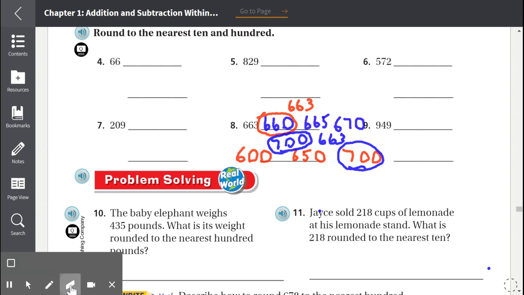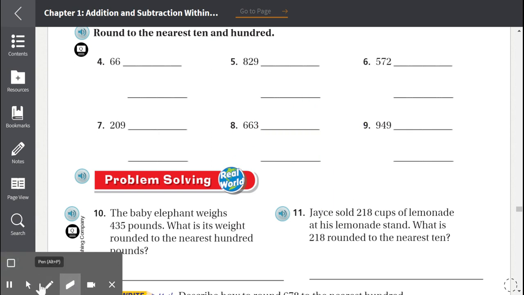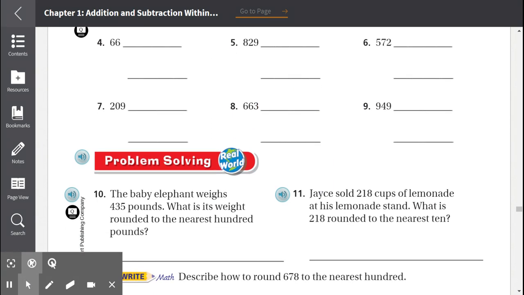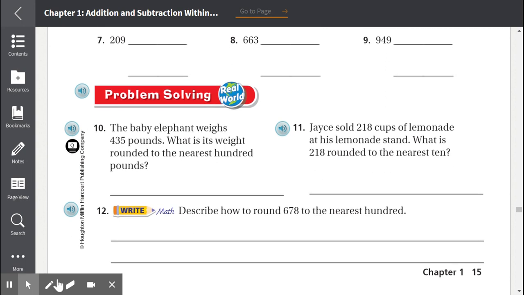Now we're on to number 9. We're going to round 949 to the nearest tens. Then we're going to round it to the nearest hundred.